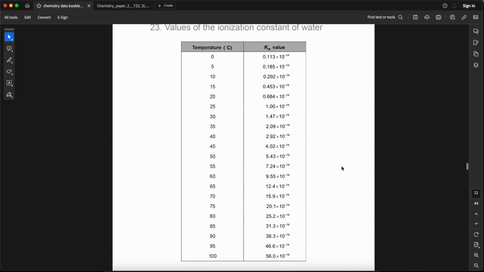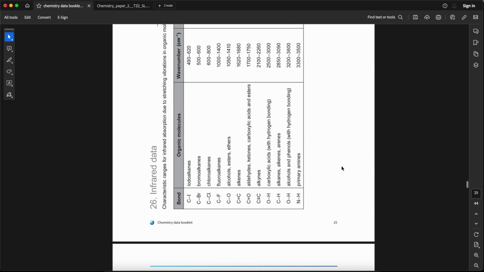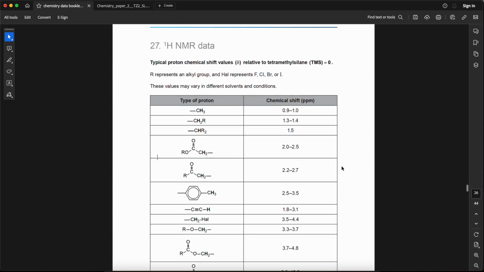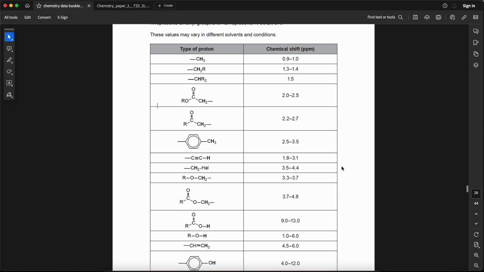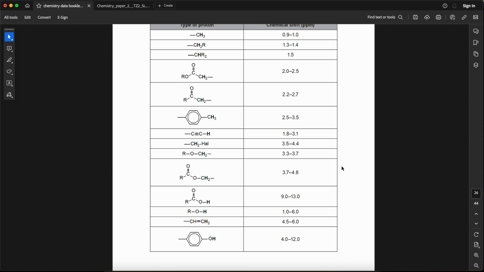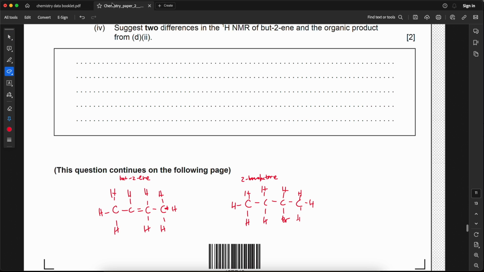Okay, this is the, where is it, NMR? Yeah, this one, NMR data. So the first one, we see the difference that butene is symmetrical, okay? So we have this CH3, this CH3 will be the same because it is symmetrical, and then this CH as well, this CH as well.